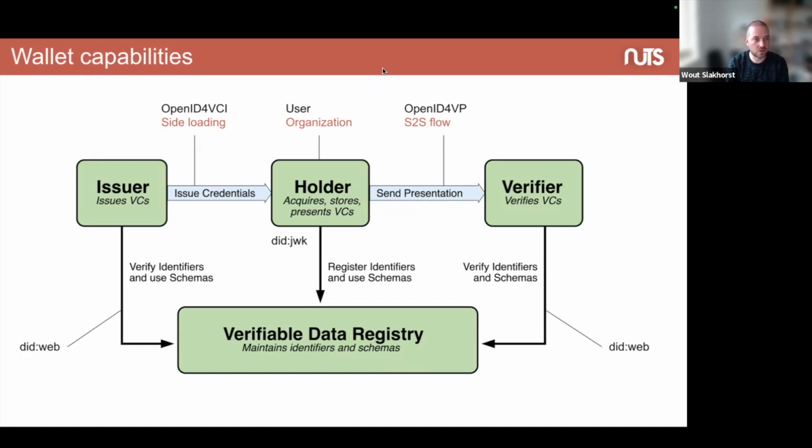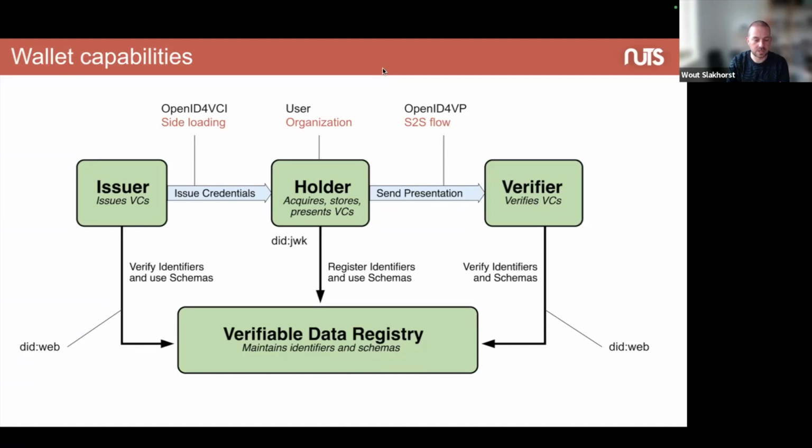The S2S flow stands for the service-to-service flow, and side loading means that you can use an API to upload your verifiable credentials, which you have gotten through some other channel. And those are the interactions which the NUTS nodes can do together. You also see that there are some DID web and DID JSON web key tags there.